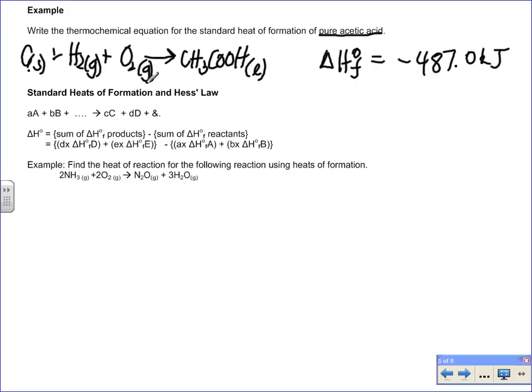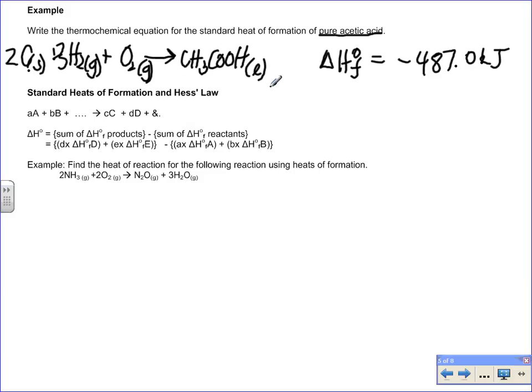So you write out the elements, and then we need to balance this equation, keeping in mind we cannot change the coefficient in front of the product. So here we've got 2 carbons, we've got 3 hydrogens, and we need 1 oxygen. And there we have a balanced chemical equation, the thermochemical equation for the heat of formation of acetic acid.